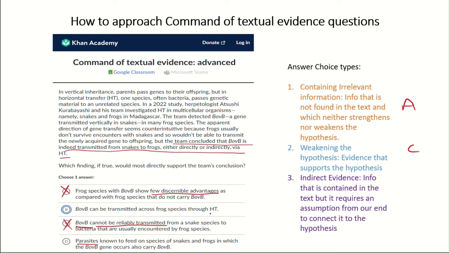So this will rather require an assumption from our end that it is actually the snakes that transmit it. But there is no space for assumptions in SAT. So we can eliminate this answer choice. So this one is kind of providing indirect evidence. So it falls under this category, right? So the answer choice is D.